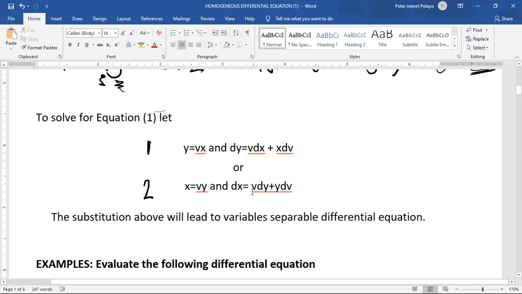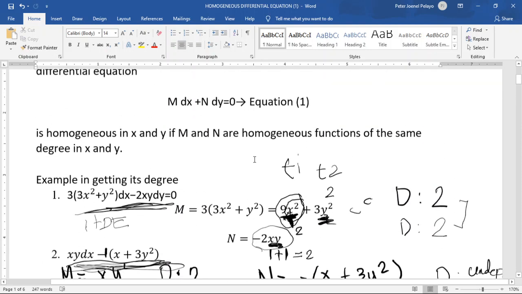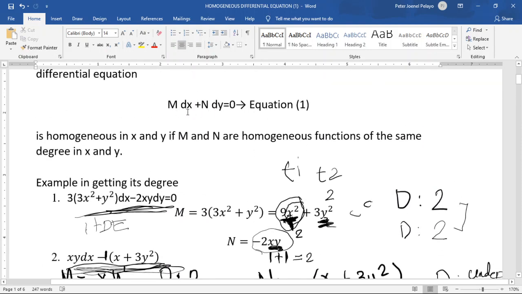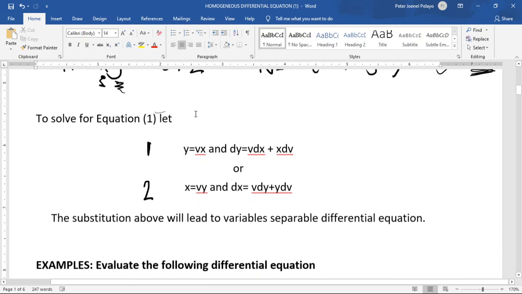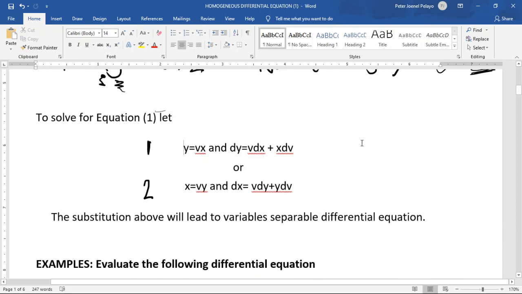Now, paano natin malalaman kung ang gagamitin natin ay si choice 1 or si choice 2? Na makikita natin, so balik tayo sa equation 1. Ang partner ni m, dx. Ang partner ni n, dy. Okay? So, natandaan yan.